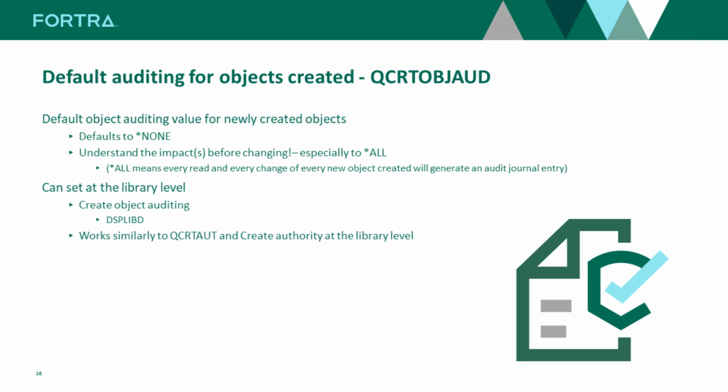So I do caution you turning object auditing on at the system level, and really recommend you looking at turning it on at the library level instead. And that will allow you to just change the auditing for any objects being created in those really important libraries that you have.